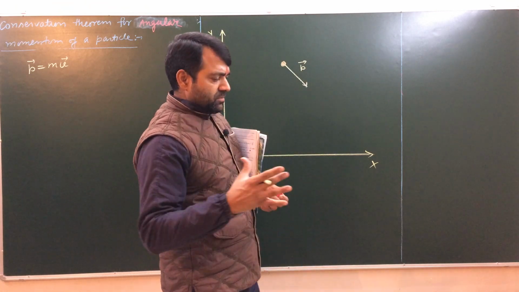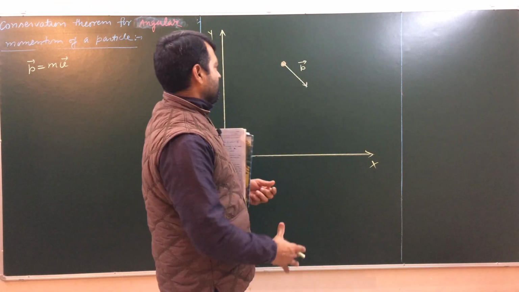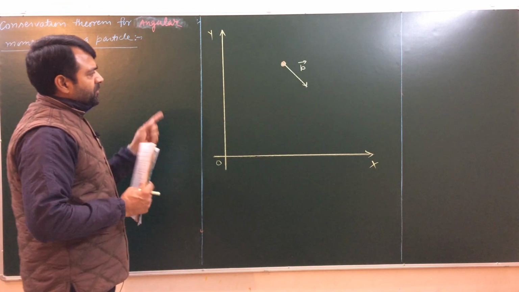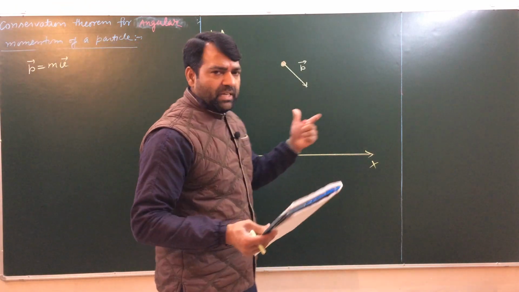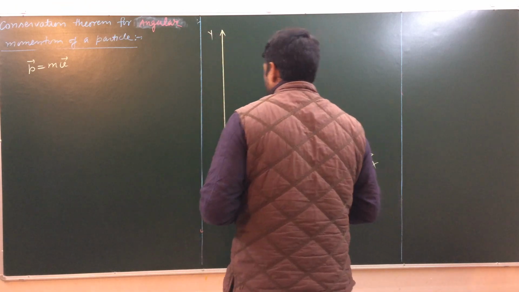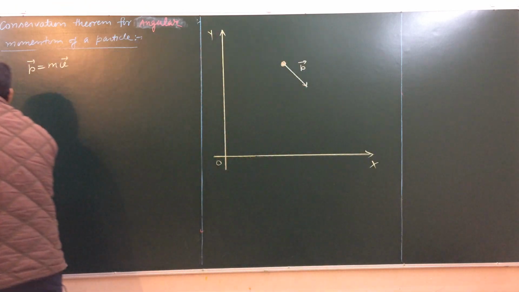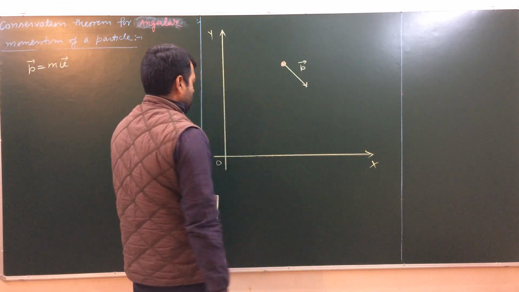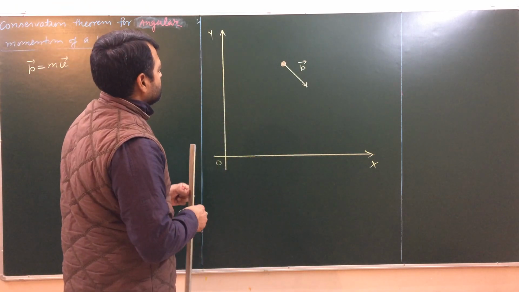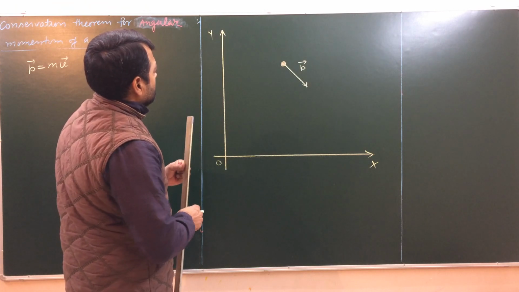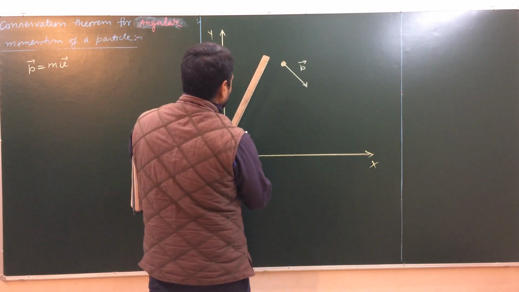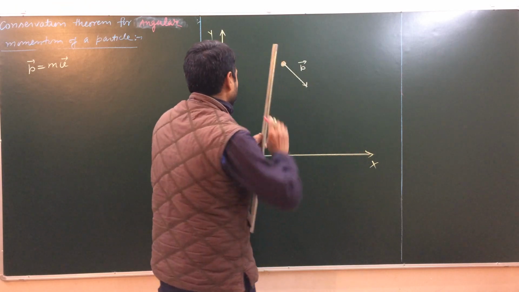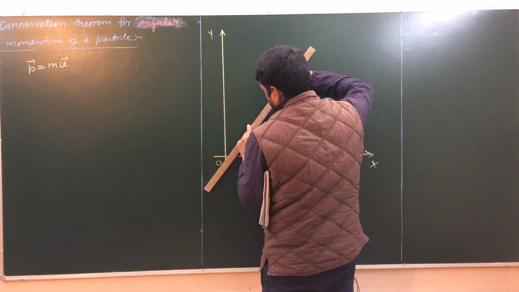Dear student, as the particle is moving in two-dimensional space, here we can say it's a two-dimensional Euclidean space, and we can generalize it into three-dimensional space. Then we select a point O, which is our origin of this right-handed coordinate system. The position vector of the particle which is moving with the momentum p is, say, r.